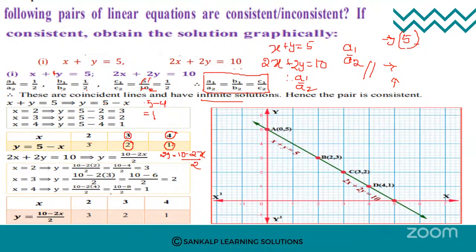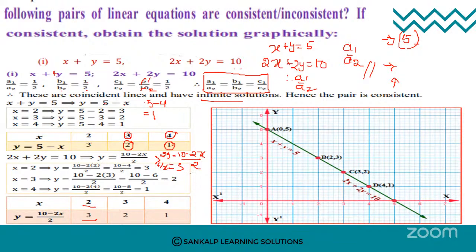Now, if you substitute x is equal to 2, 10 minus 2 into 2 is 4. 10 minus 4 is 6. 6 divided by 2 is 3, right? So if x is 2, then y value is 3. If you substitute x is equal to 3, 10 minus 2 threes are 6.